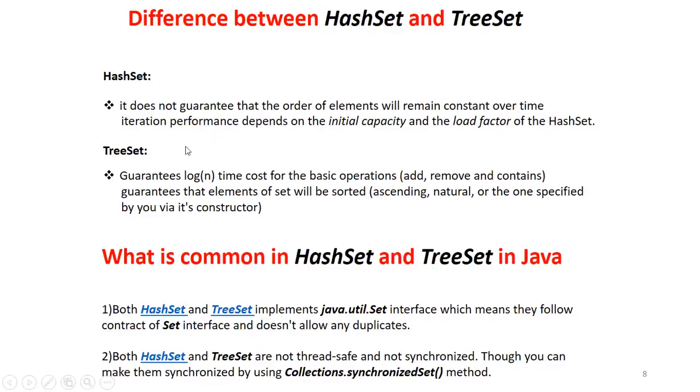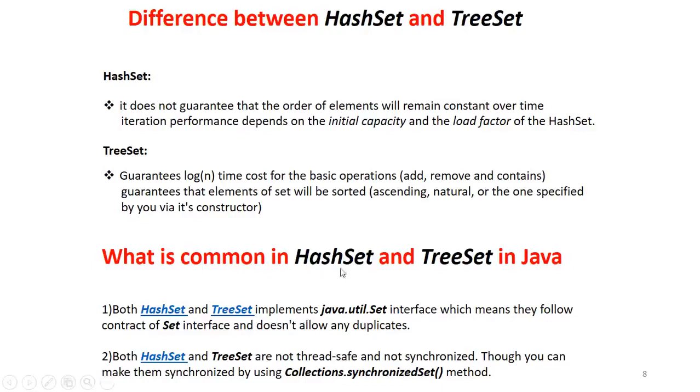But if you are using TreeSet, it guarantees log n time cost for basic operations like add, remove, contains, and guarantees that the elements of the set will be sorted, meaning in ascending or descending order. This is the main difference between HashSet and TreeSet: TreeSet gives the guarantee but HashSet does not give the guarantee of elements stored in the set.